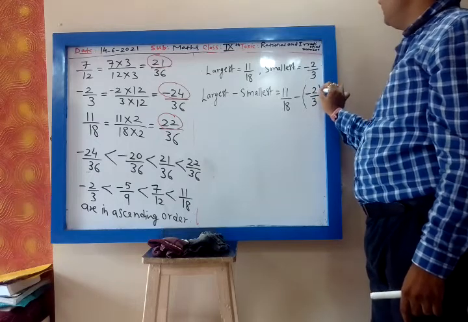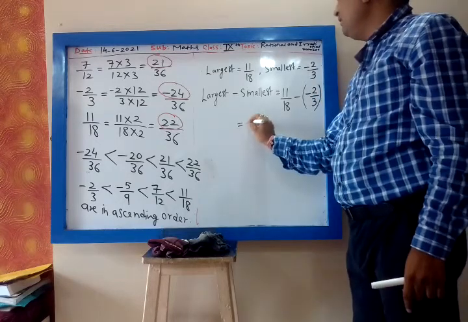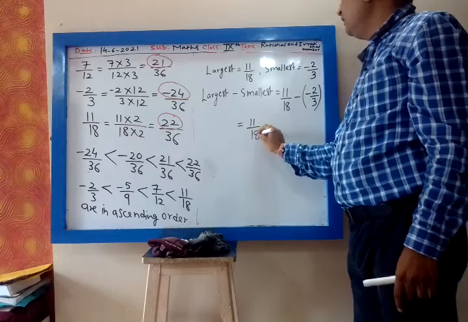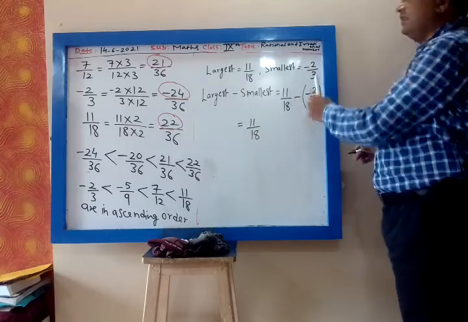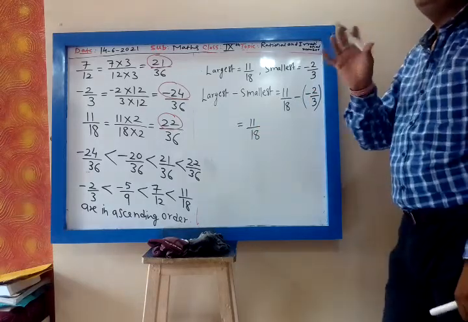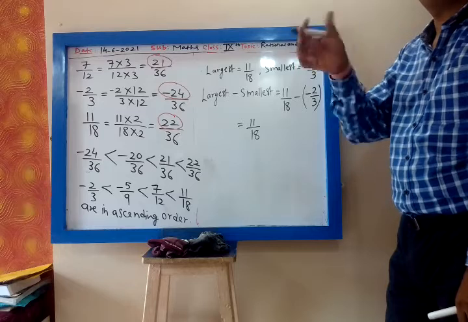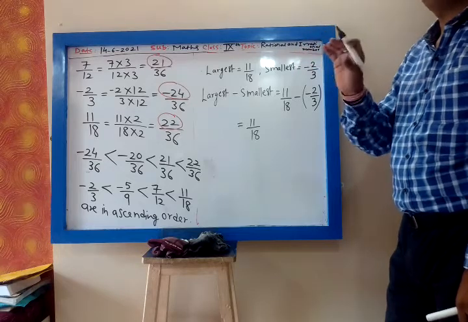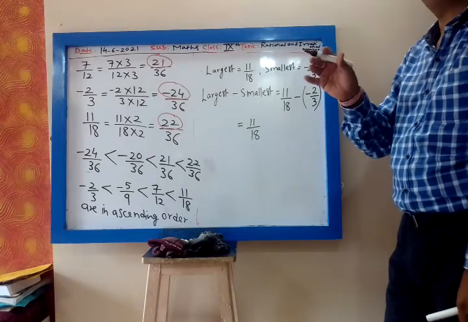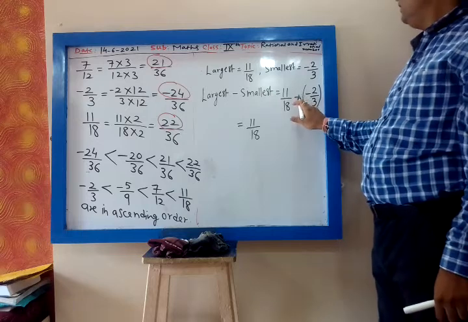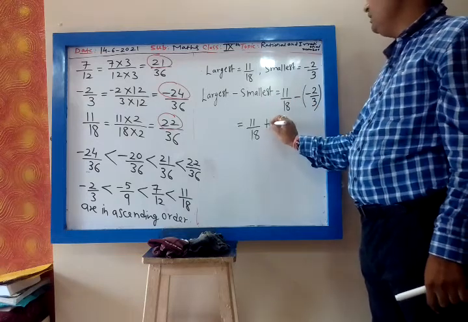So that is 11 by 18, then minus minus. Whenever two signs are together, we have to multiply. Minus minus becomes plus. So it will be plus 2 by 3.